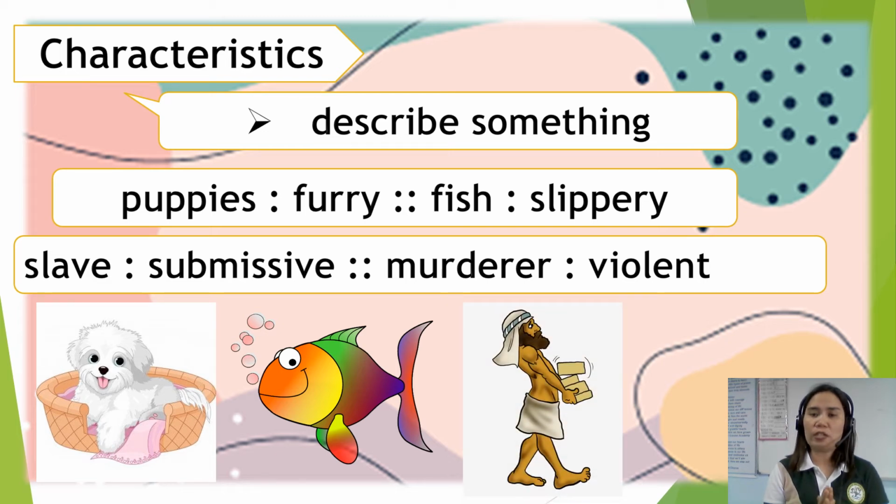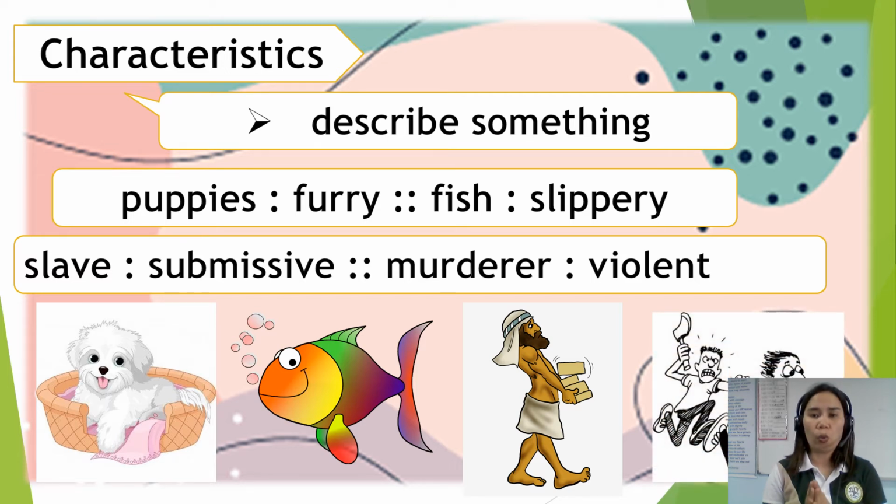So a slave is someone who is forced to do work, and when we say submissive, it means following orders. Thus, a characteristic of a slave is to be submissive. And a murderer is someone who kills others, and thus, a characteristic of murderer is violent. All right.